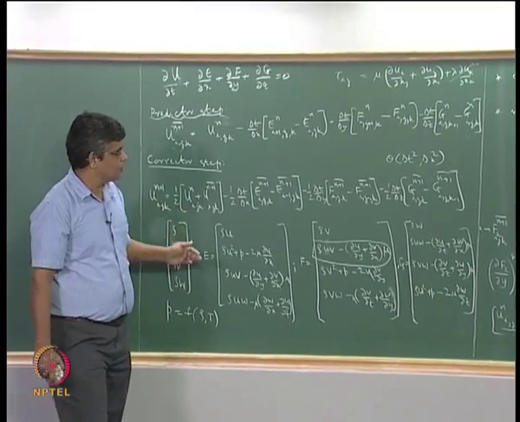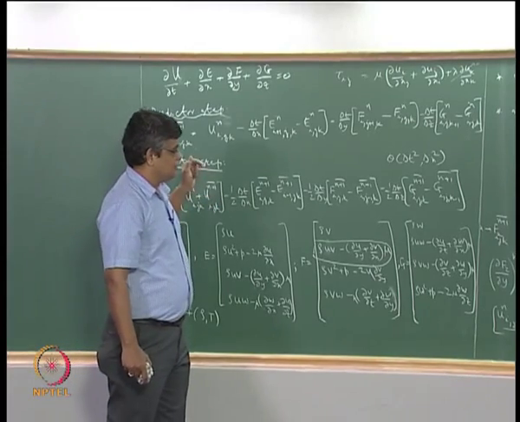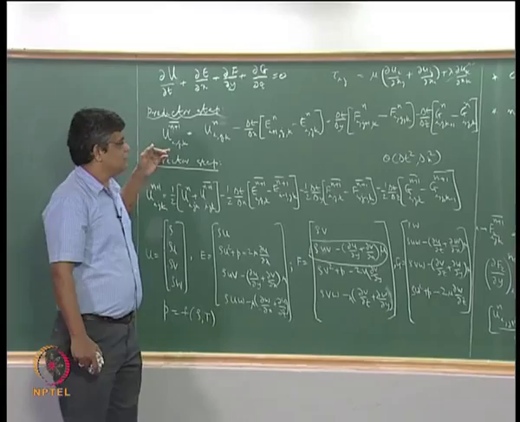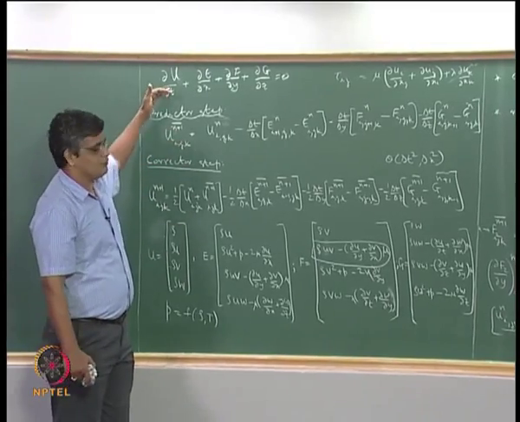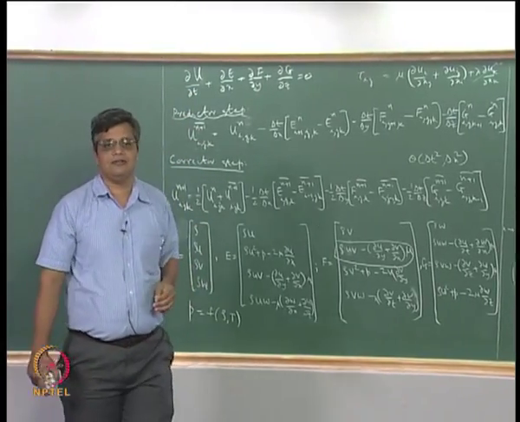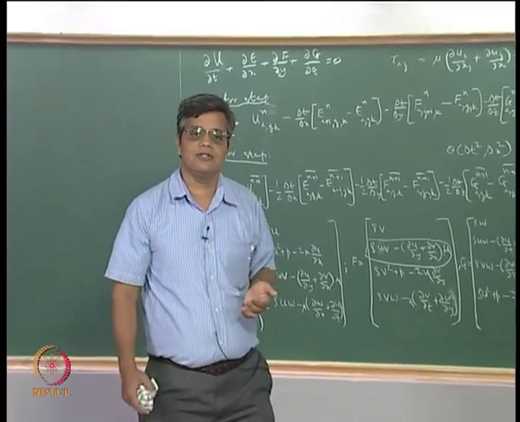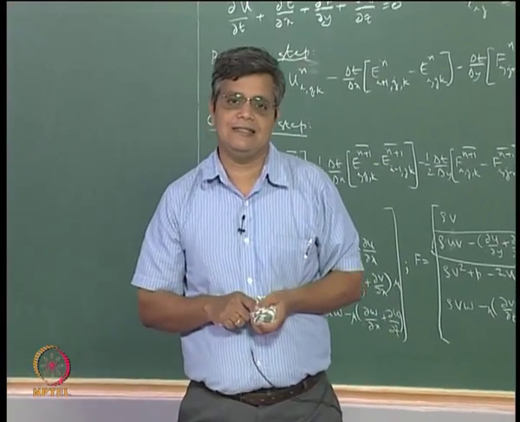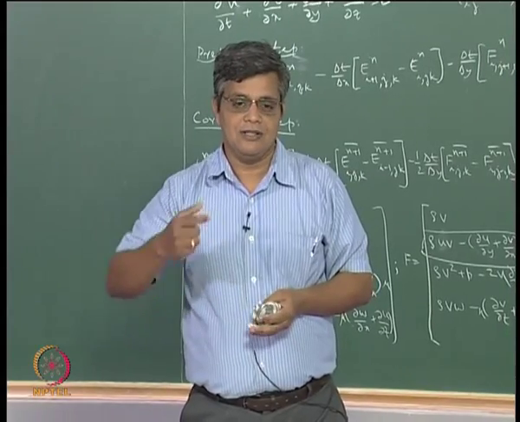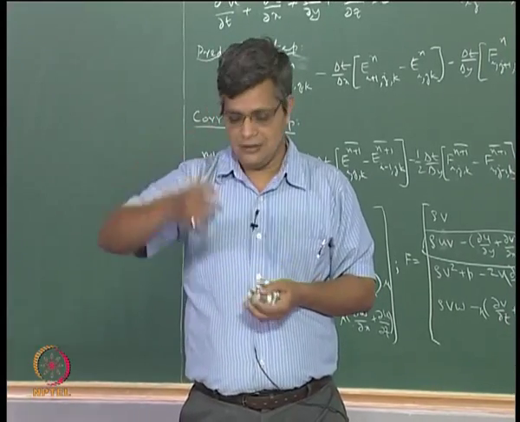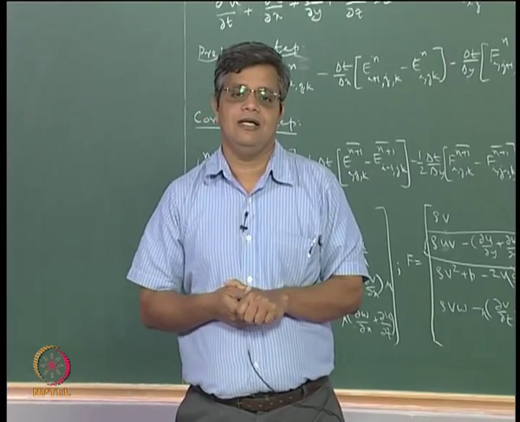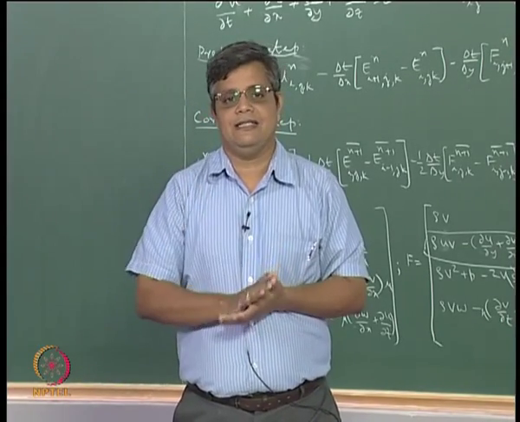So this is how we can make use of a given template for the simultaneous solution of the Navier-Stokes equations, or an extended form of the Navier-Stokes equations when we consider even the energy term. And this is how we can solve the set of the governing equations using one template.